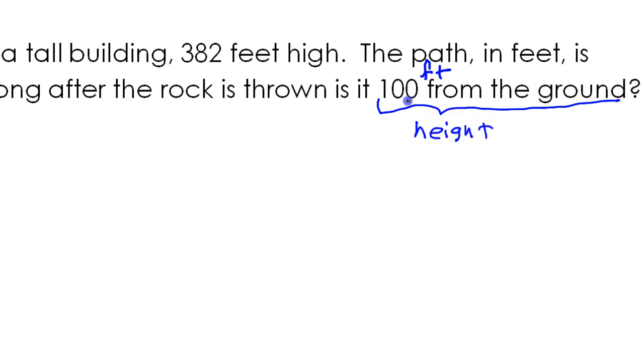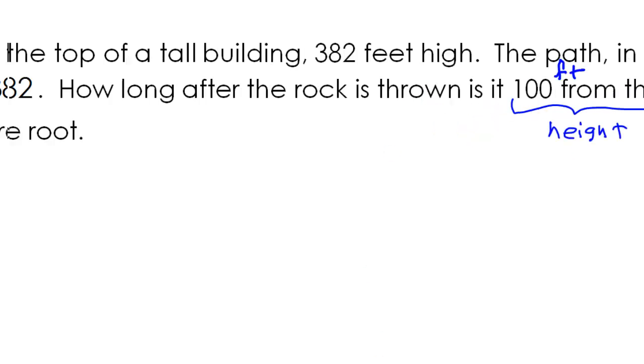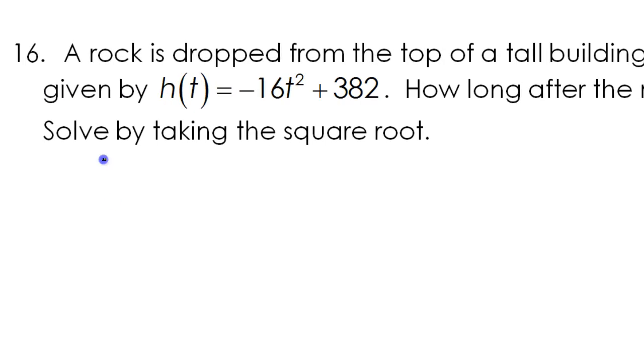Alright, the height is 100. So that means we're going to have to substitute 100 in for the height. So that means that 100 should equal negative 16 t squared plus 382.